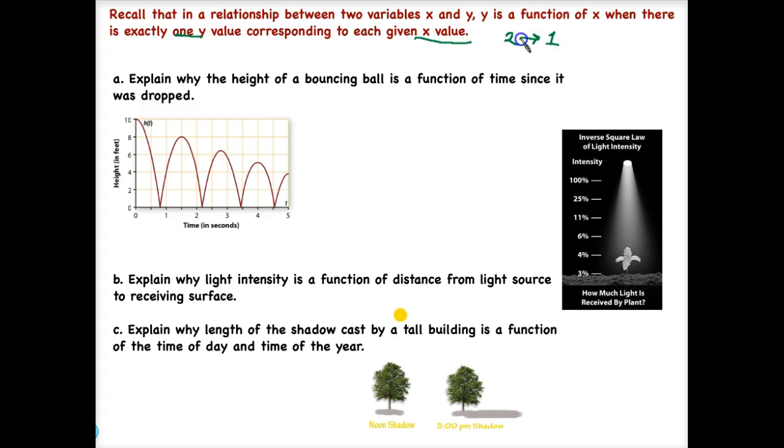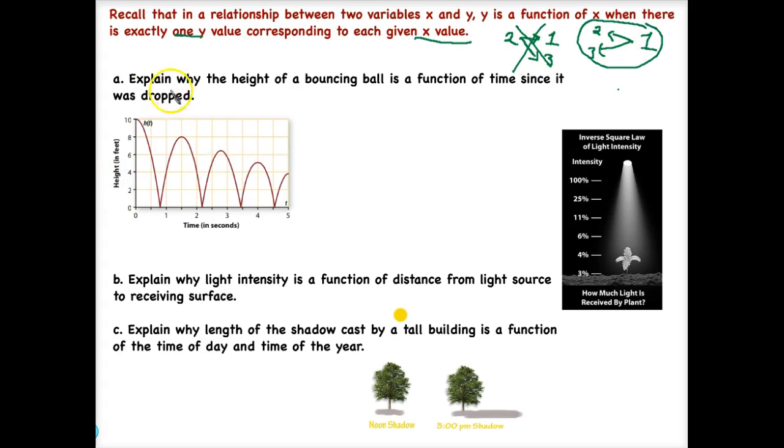So for example, if I had an x value of 2 and had another y value of 3, then this would not be a function. But in our other example, I had a y value of 1, but I had multiple x values. So maybe 2, maybe 3. In this situation, this is okay. This still represents a function, whereas this does not.